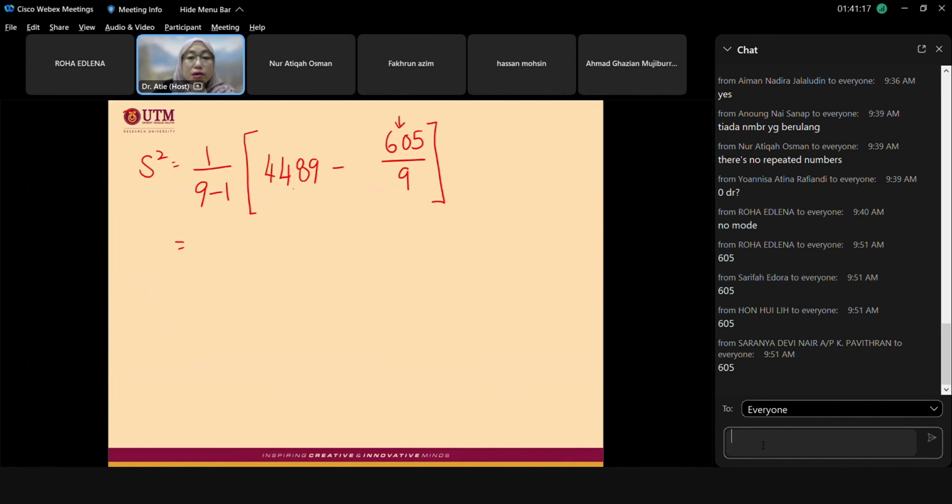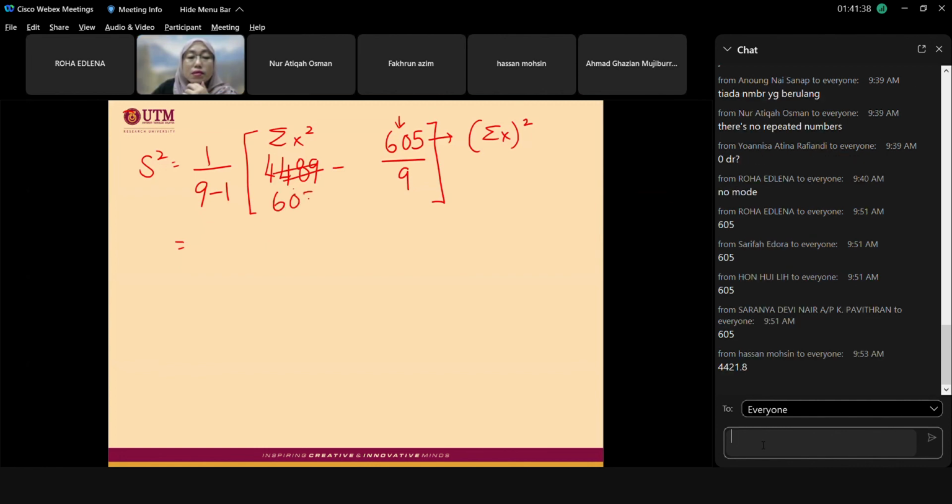Because this one is actually the sum of x squared, and this one is the answer from earlier, 4489, the one with the bracket. Oh, okay. So the one here is 605, divided by, here 4489. The earlier one is 67 squared. Yes, correct. Is it? Yeah. Okay.